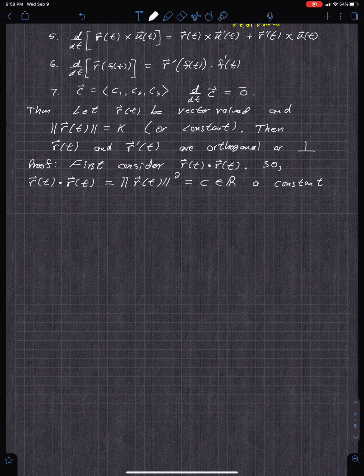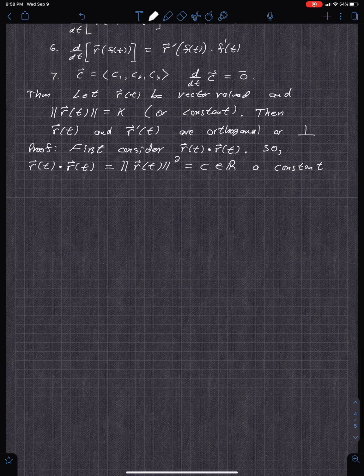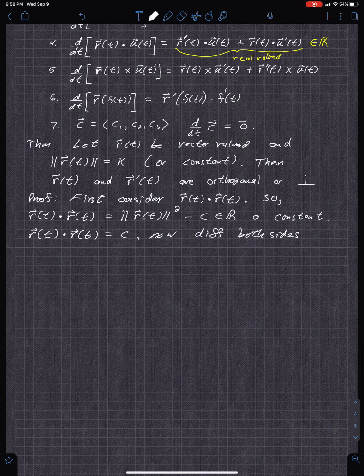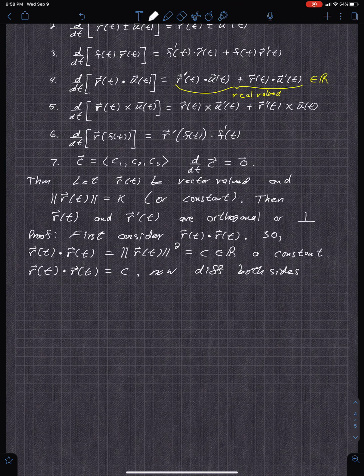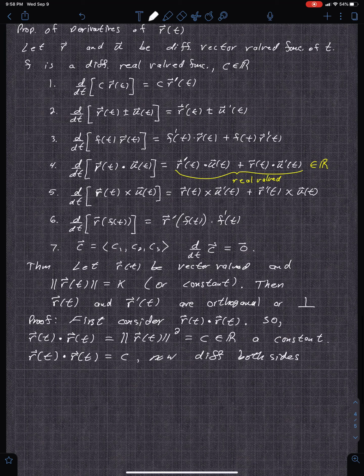So we then have r of t dot r of t equal to a constant. Now, differentiate both sides. On the right-hand side we get 0. On the left-hand side, we have to apply which property?